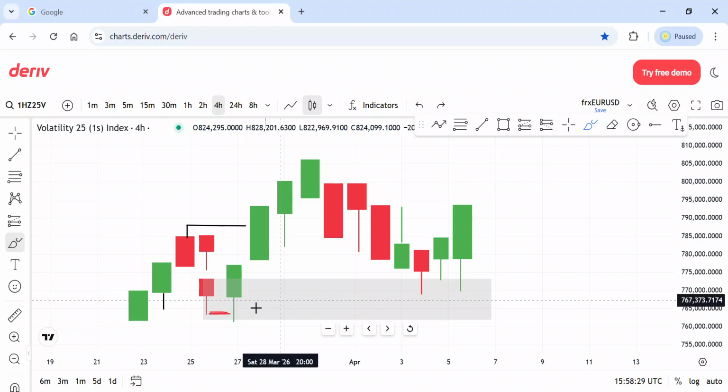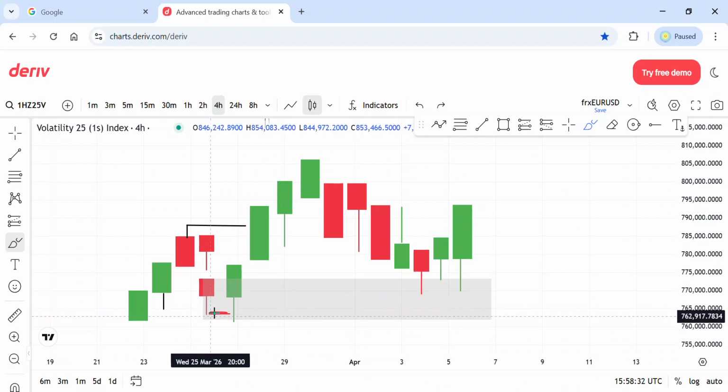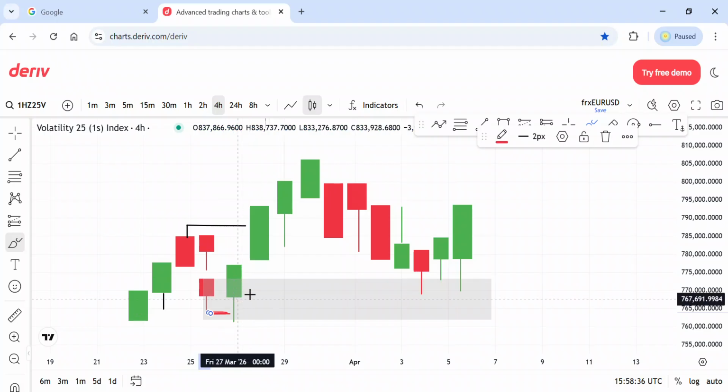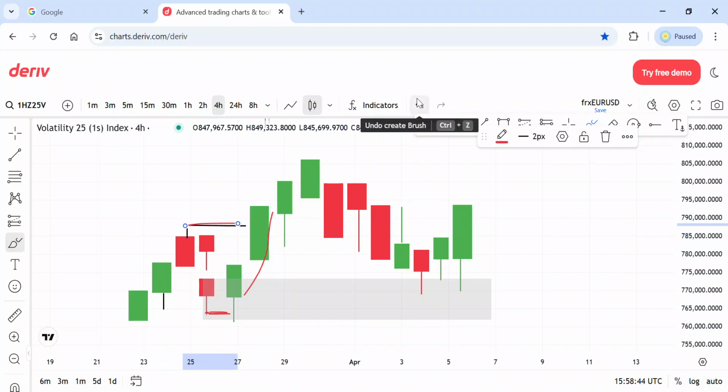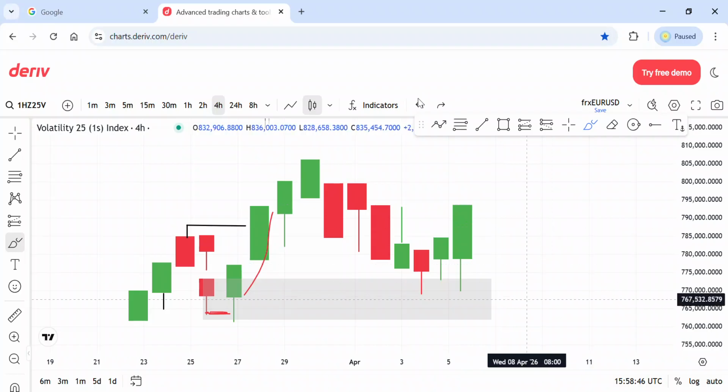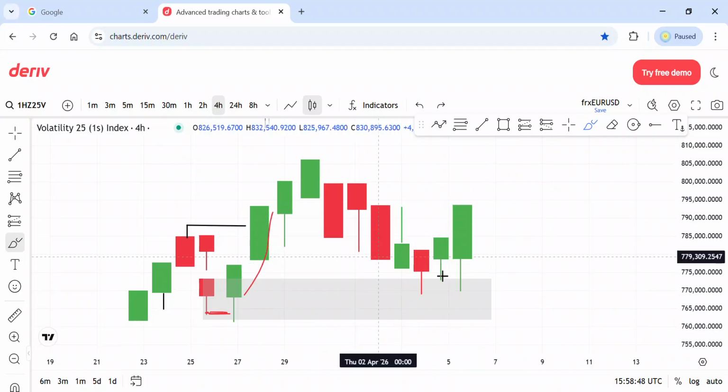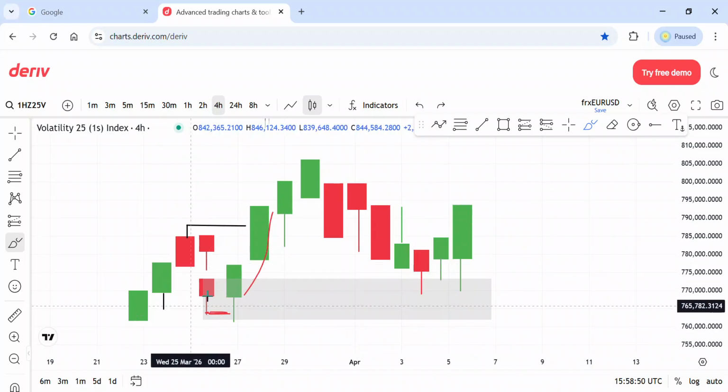So this is what I mean by liquidity sweep. You can see price swept this low before the momentum, then breaking out from this cemented high. So that is the meaning of taking out swept liquidity. The market has already taken out liquidity. You need price to take out the liquidity before you can mark your order block.